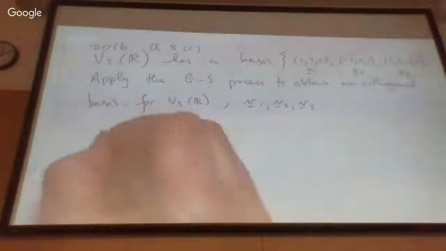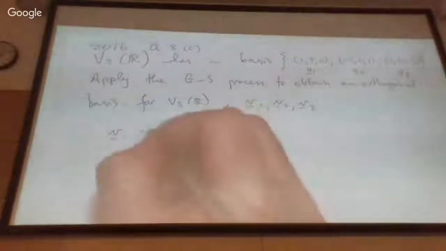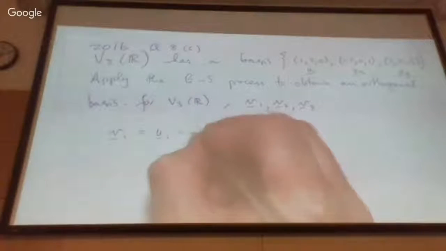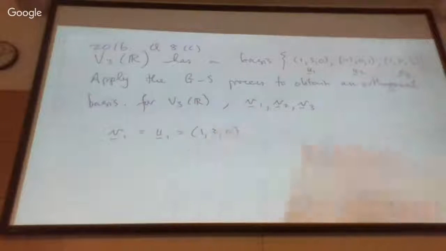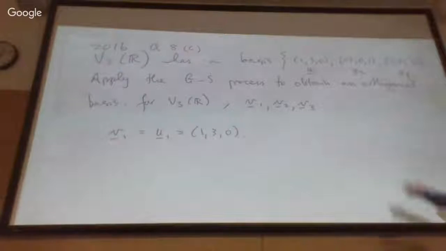And the first step is kind of the easiest process. The first new vector is just the first old vector. There's nothing yet that has to be orthogonal to anything else, so we can just take the first vector from the original.